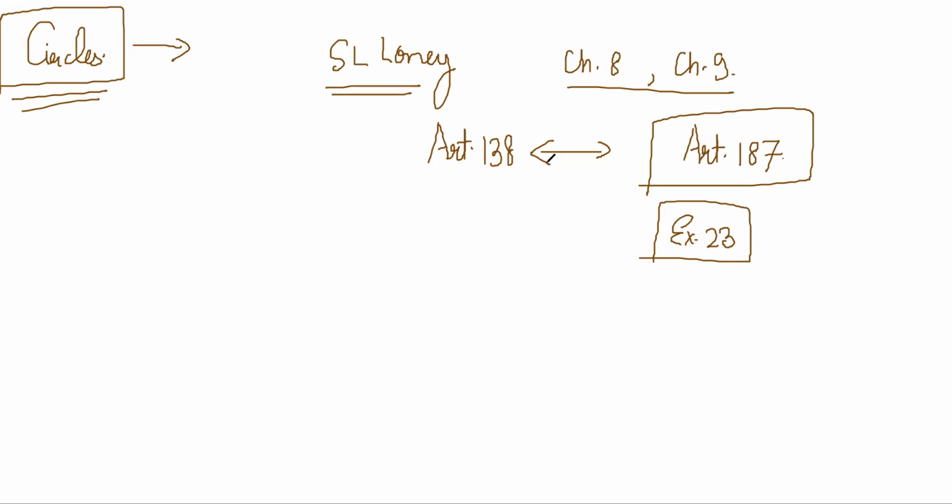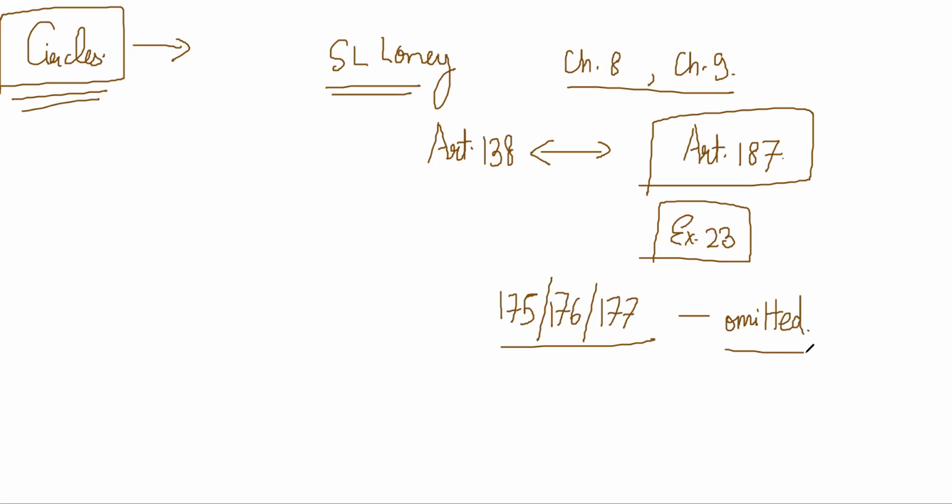So not a lot, actually just 3 articles are not there. Around 50 are there in total, 40, 45 articles. This is what you have to do.